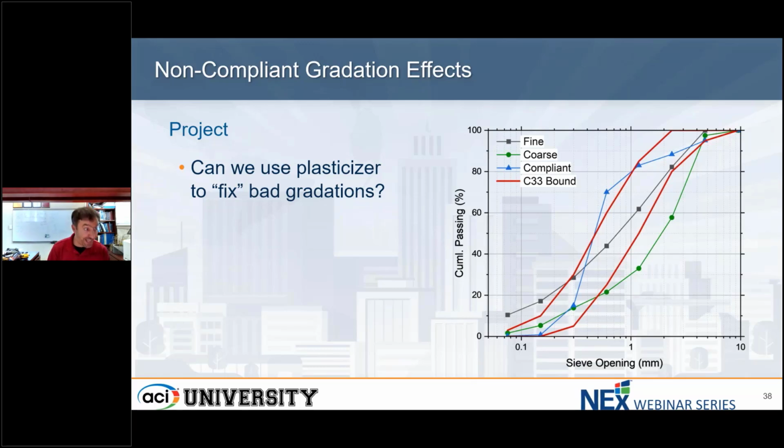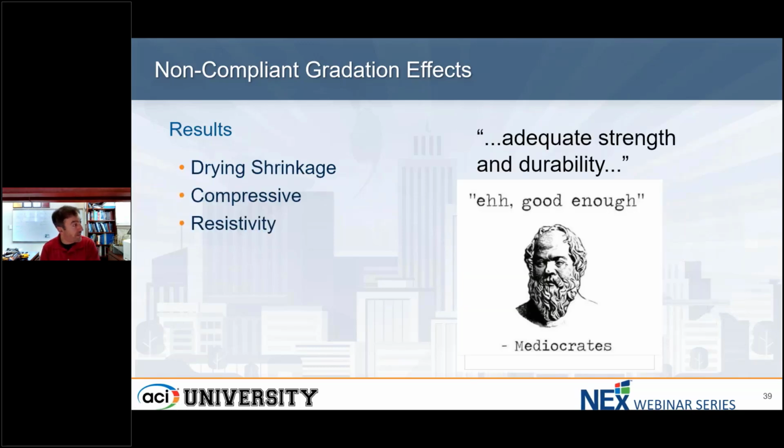Well, guess what? It wasn't. So we had to rerun all the testing. But I left this in here because I'm showing, like, you can't just assume it's compliant because it came from somewhere that's using it. This is more for student teaching. All right. So ACI 318 says adequate strength and durability. Well, let's just be good enough.